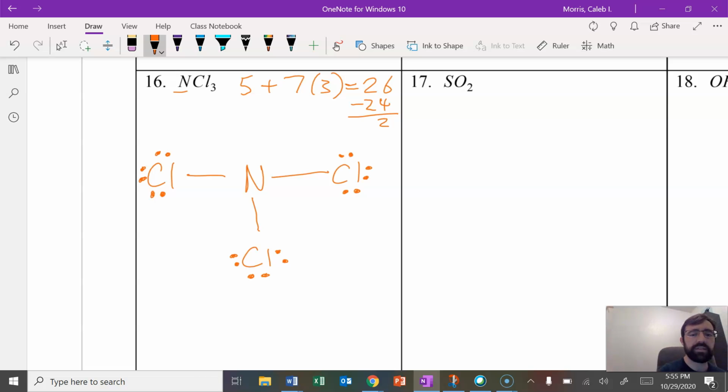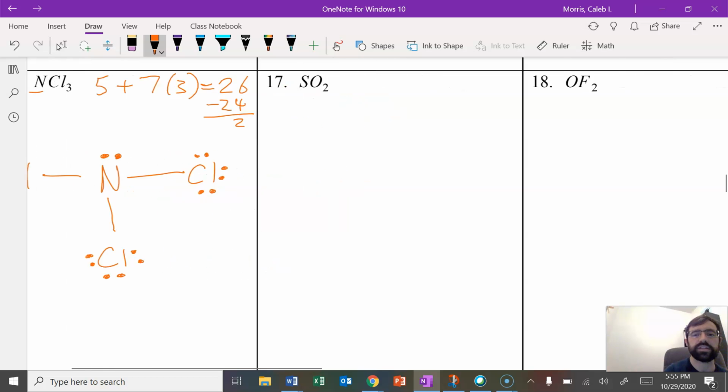So we do have leftovers. Remember, your leftovers always go on the central atom. By the way, that actually makes nitrogen more happy in this case. We have 2, 4, 6, 8 electrons around nitrogen, and each chlorine also has 8 electrons around it, valence electrons.